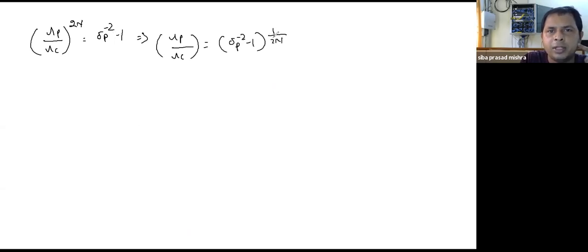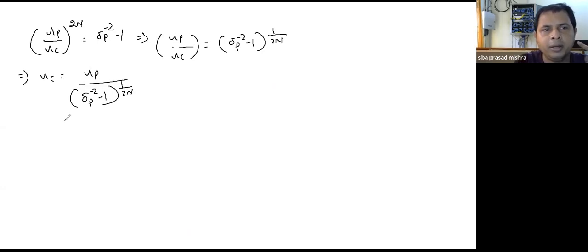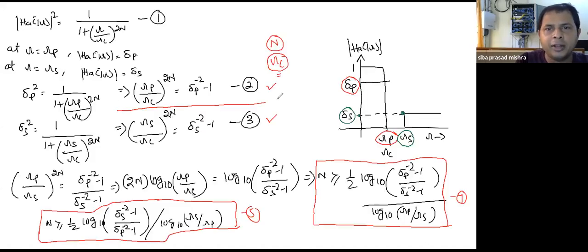This 2n will go that side. Then what is omega c? Omega c equals omega p divided by (del p to the power minus 2 minus 1) whole power 1 by 2n. That is if you use equation 2.